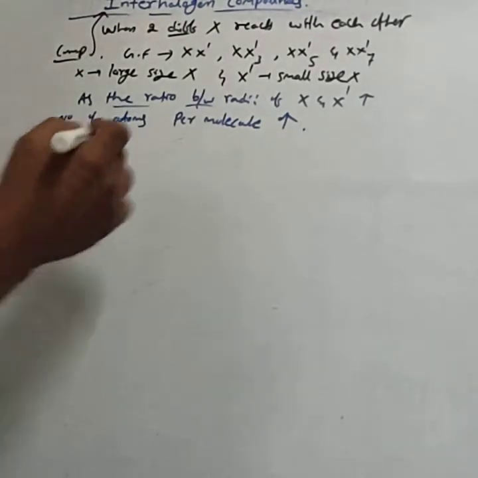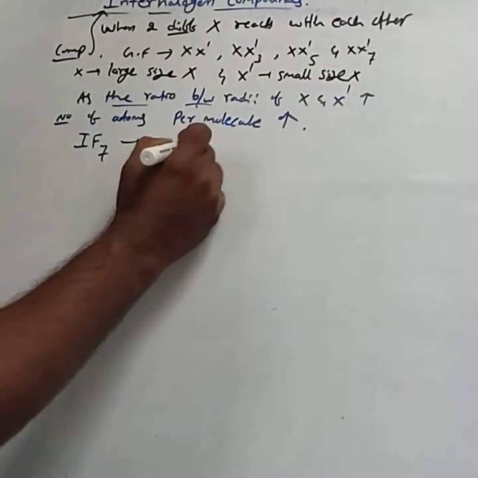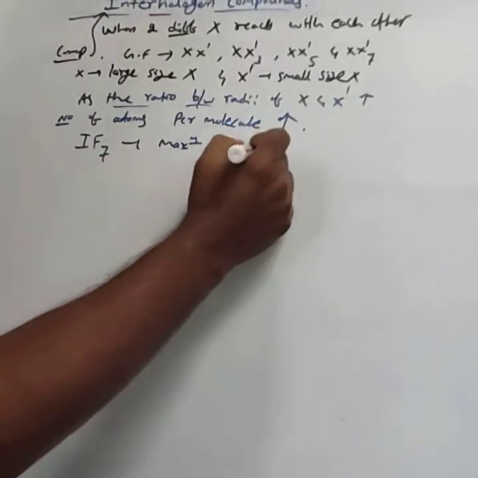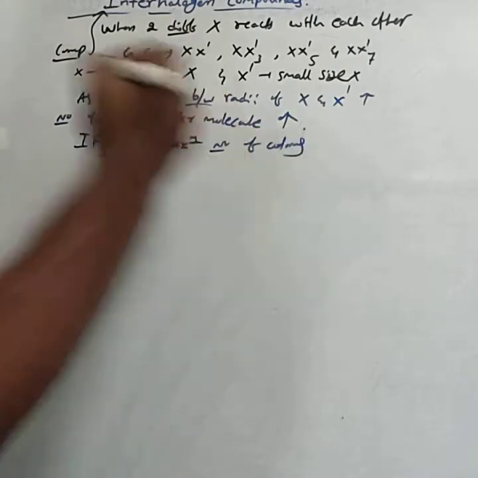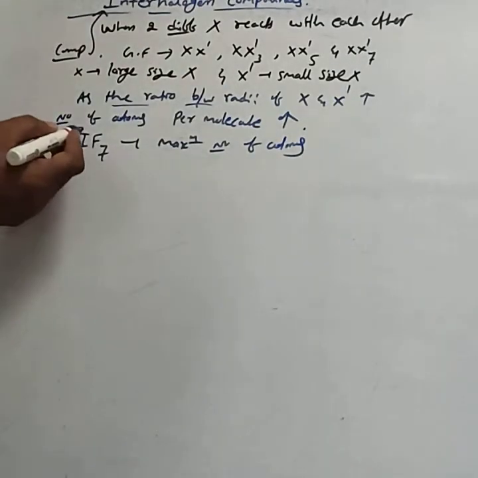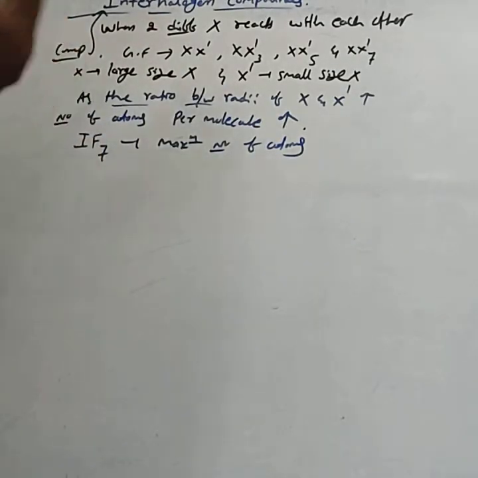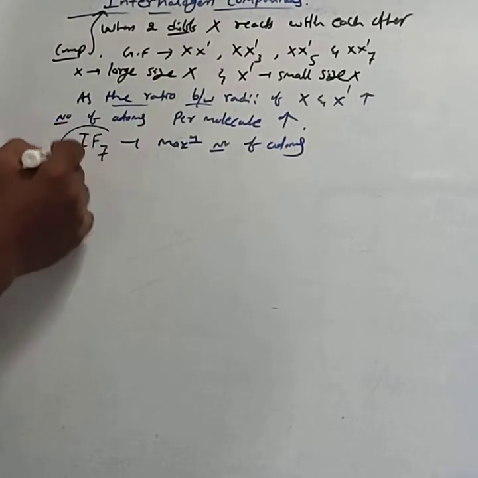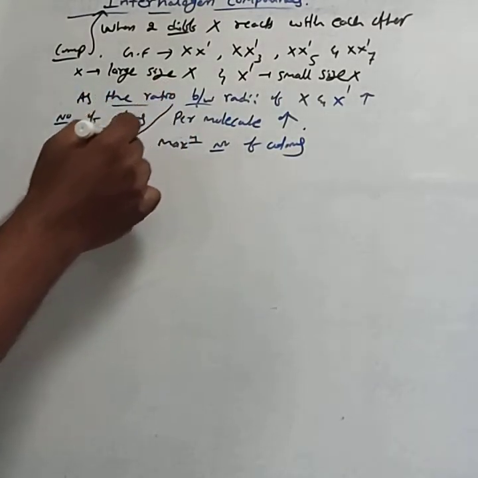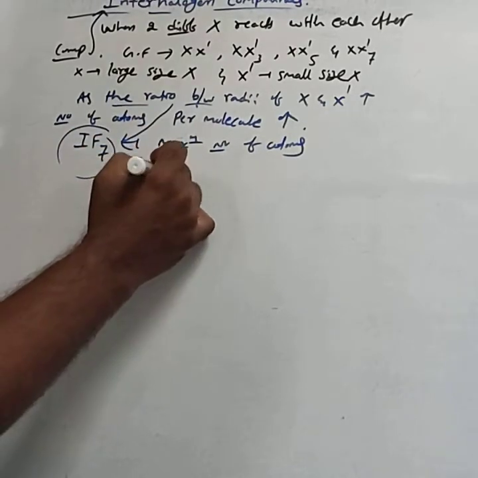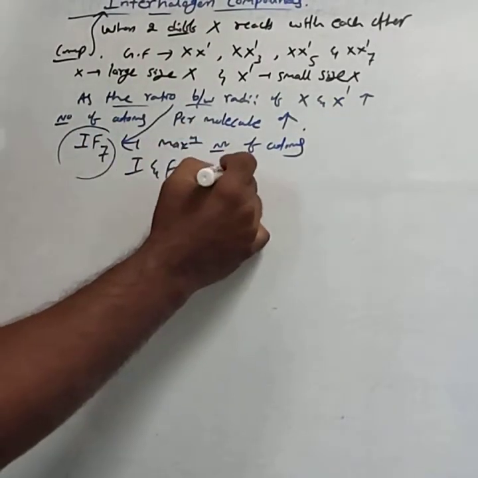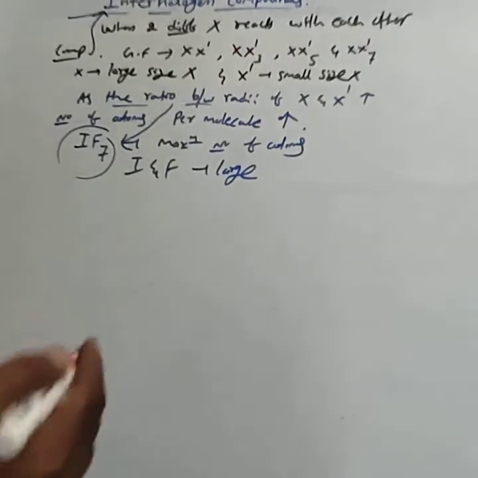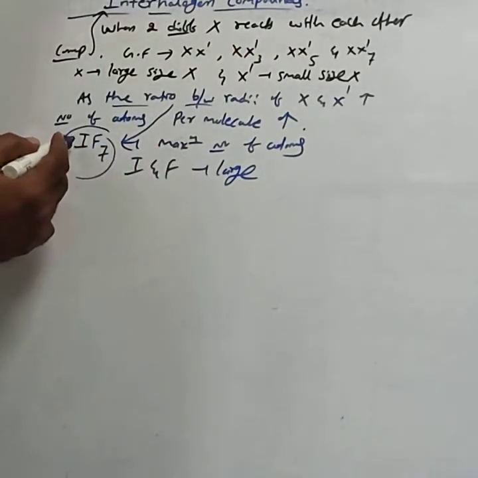IF7 has the maximum number of atoms per molecule, that is, 1 iodine atom and 7 fluorine atoms. Why does IF7 have the maximum number of atoms per molecule? Because the ratio between the radii of iodine and fluorine is very high.